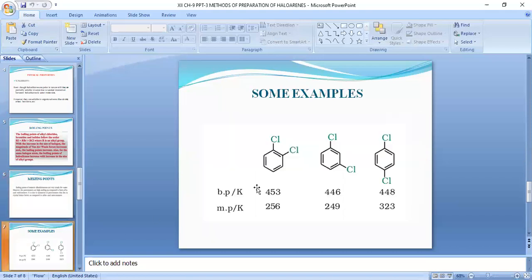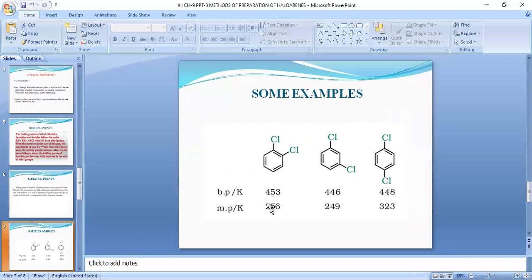As you can see here, we have some data along with us. We are comparing the dichlorobenzenes. This is the ortho dichlorobenzene. Then we have meta dichlorobenzene, and the third molecule is para dichlorobenzene. If you observe the boiling points, then the ortho, meta and para dichlorobenzenes do not differ much in their boiling points.